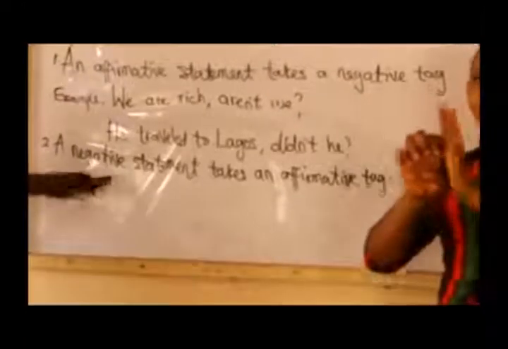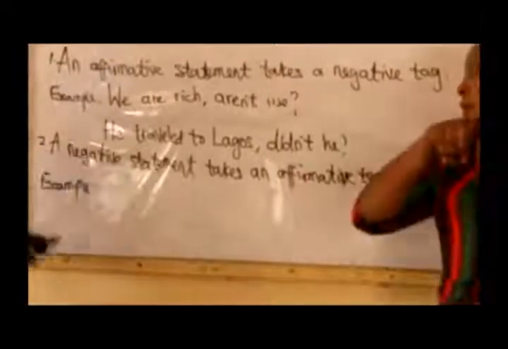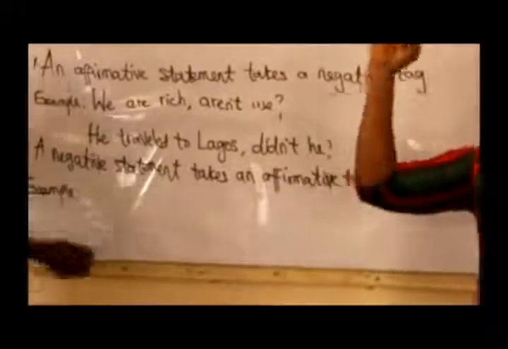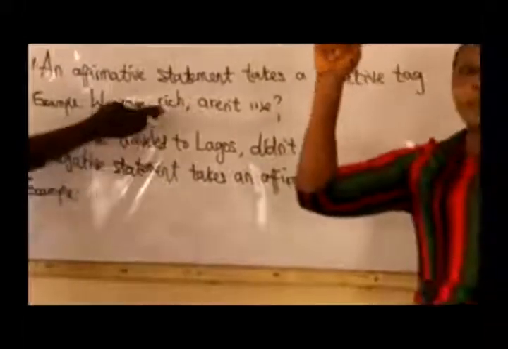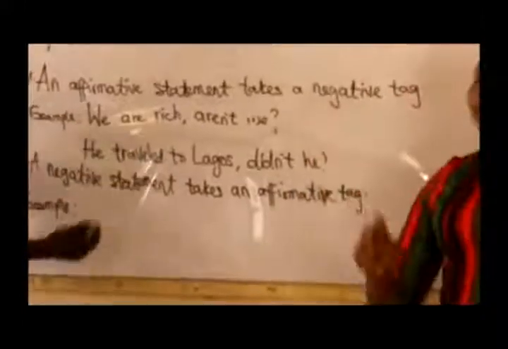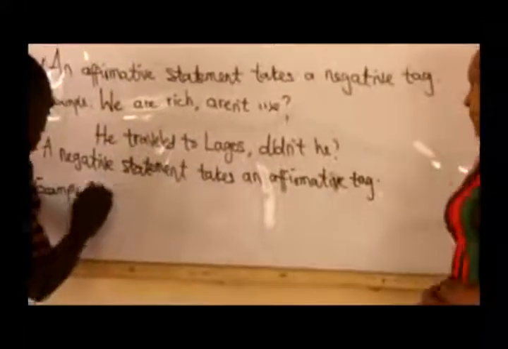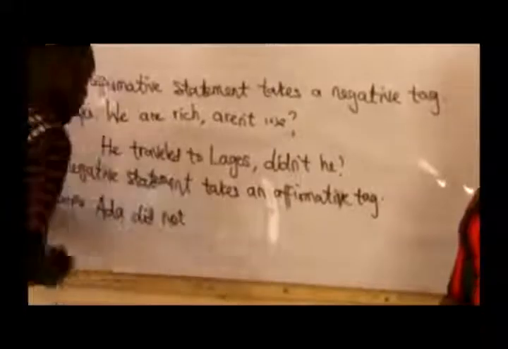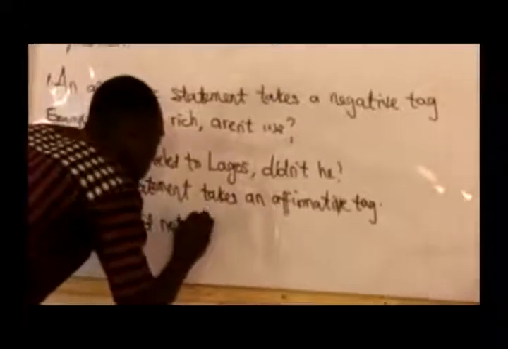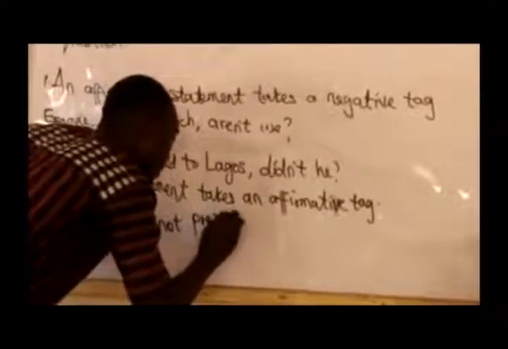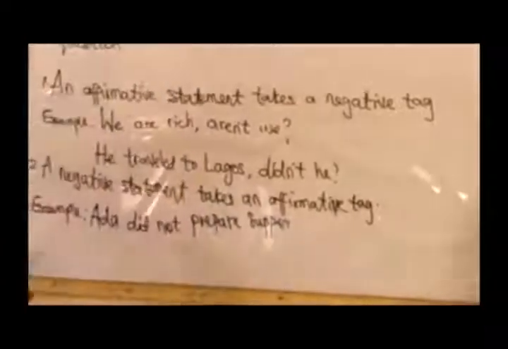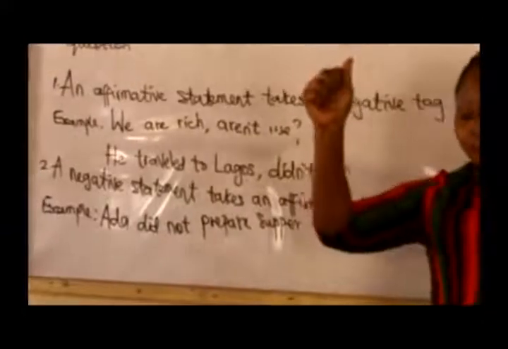Example of negative statements and their affirmative question tags. Now, we are not going to touch our previous examples. Let's consider a new one. Ada did not prepare supper. This is a negative statement.